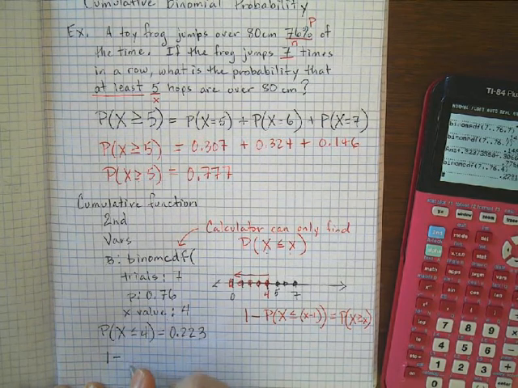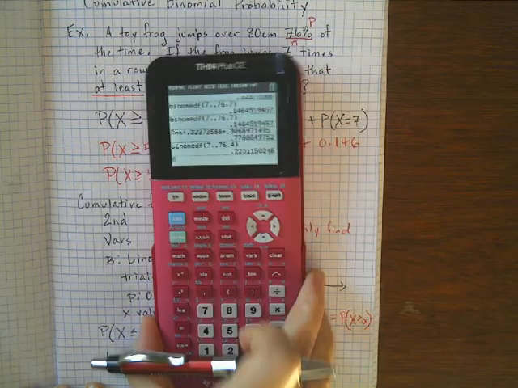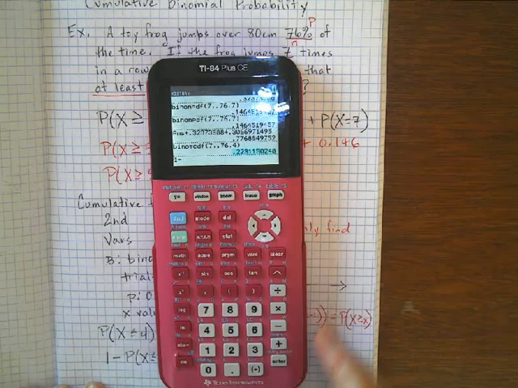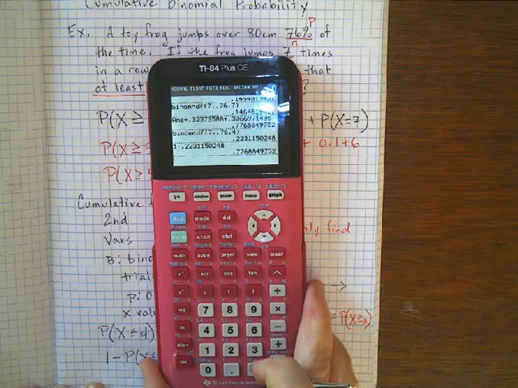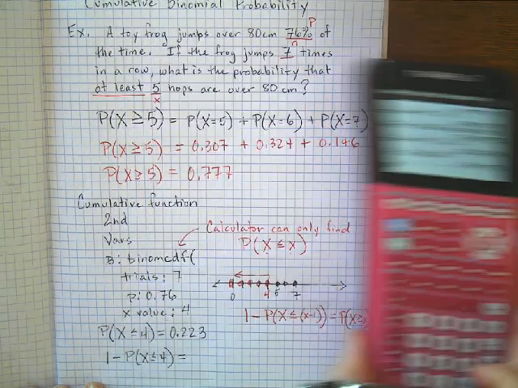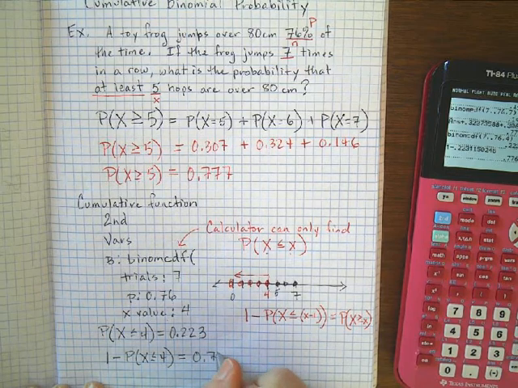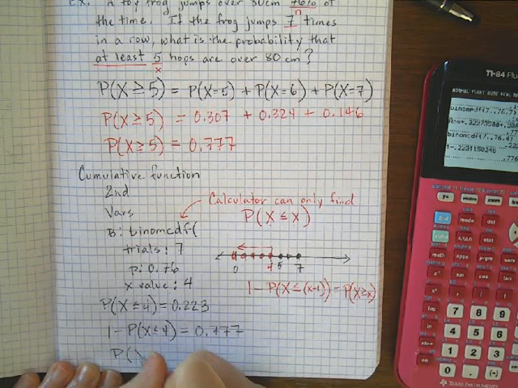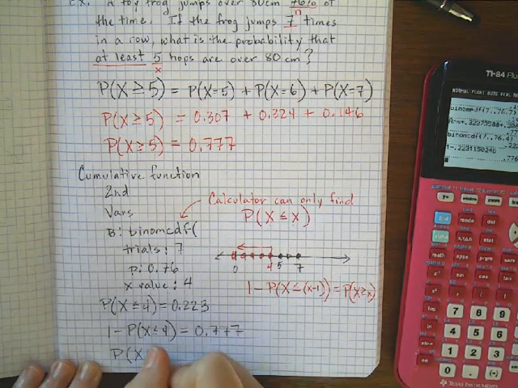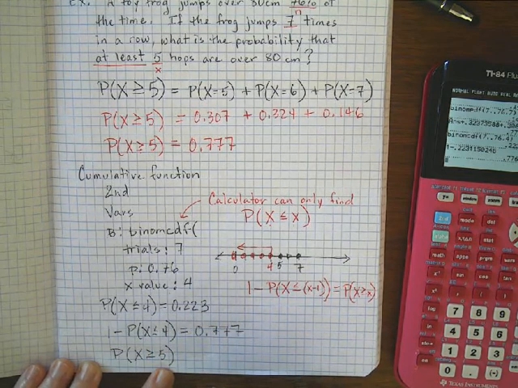I'm going to subtract my probability of x that's less than or equal to 4, and when I do that, 1 minus, I'll select that value, hit equals, I get 0.777, which is what I got when I did the whole thing by hand. So the probability that the frog will jump at least 5 hops that are over 80 centimeters is going to be equal to 0.777.